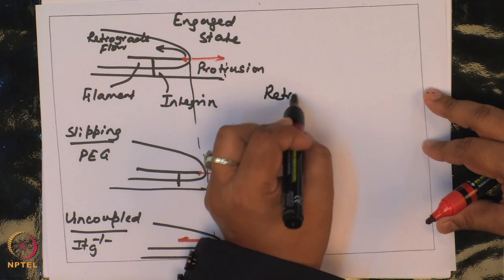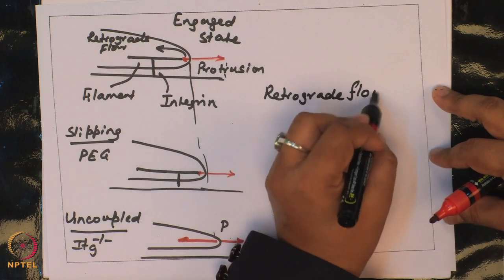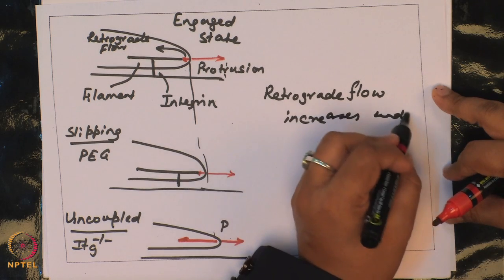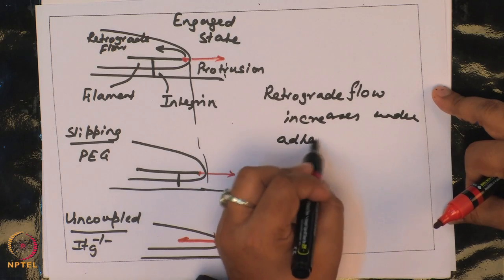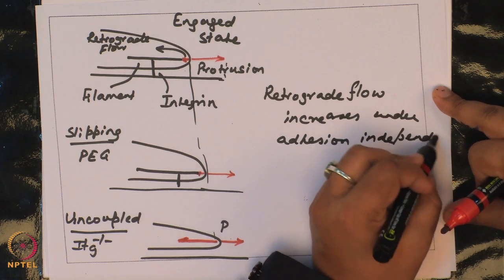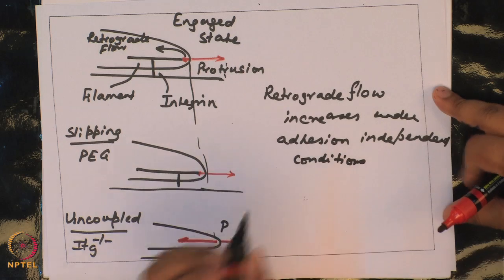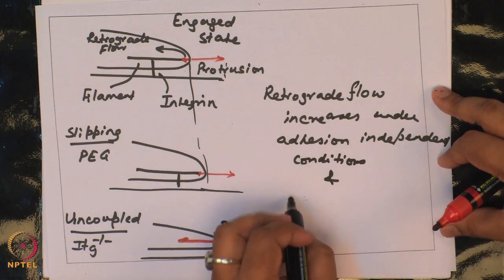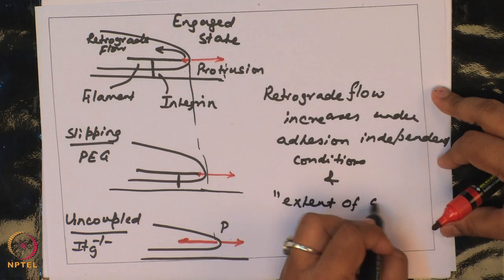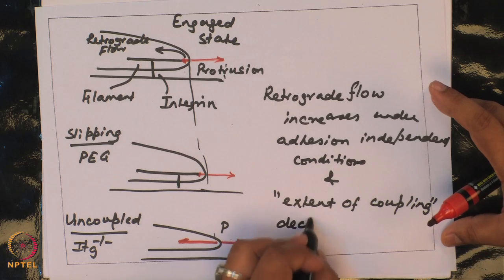So, retrograde flow increases under independent conditions, and it is set by the extent of coupling.